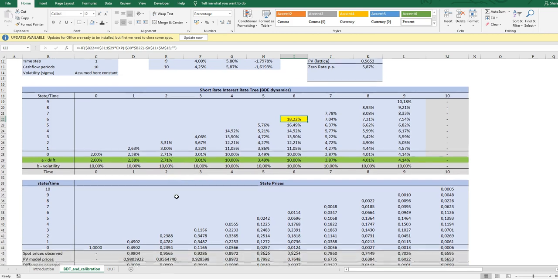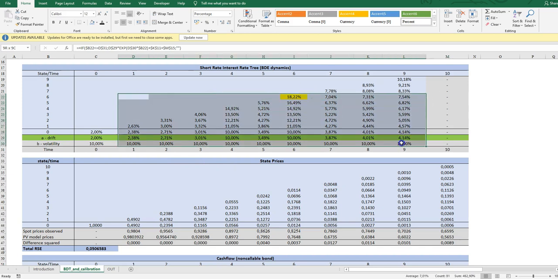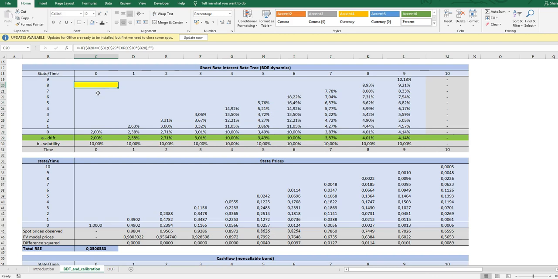When we have this tree, we can either start to calculate each zero coupon bond with all maturities based on this, and then move or calculate backwards and see if it fits the right prices.